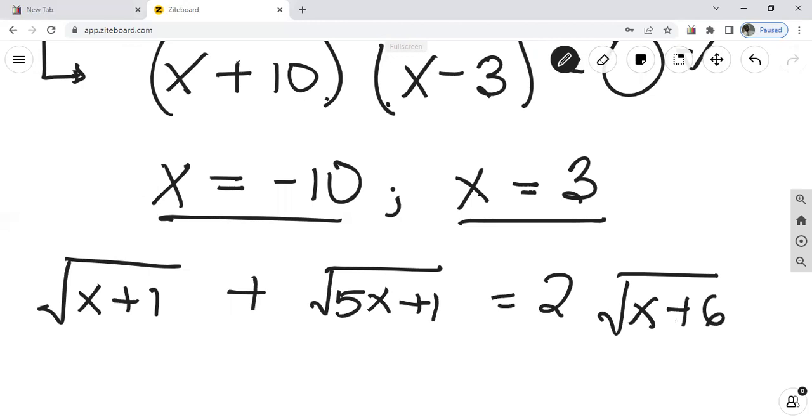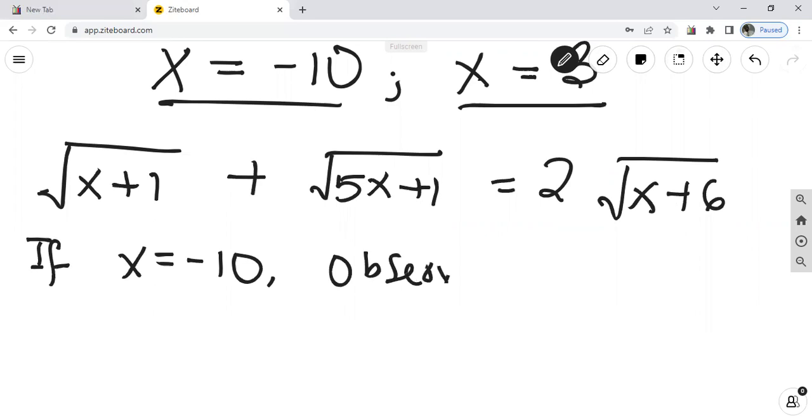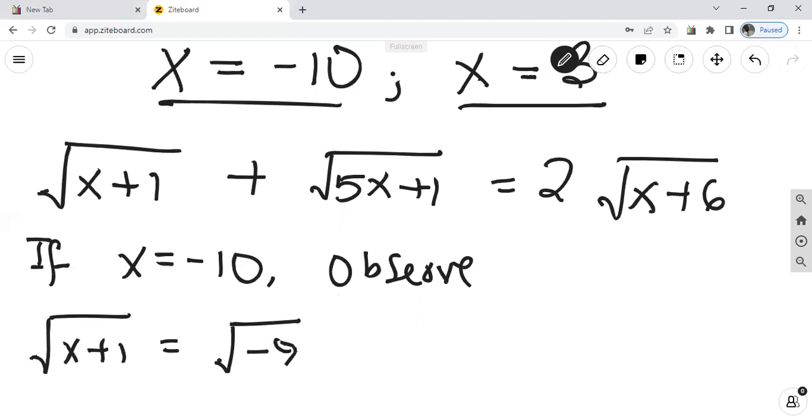2 times the square root of x plus 6. All right. So if you take x to be equal to minus 10, which is what we got earlier, you observe that the square root of x plus 1 will be the square root of minus 9, because x in this case is minus 10, and minus 10 plus 1 gives the square root of minus 9.